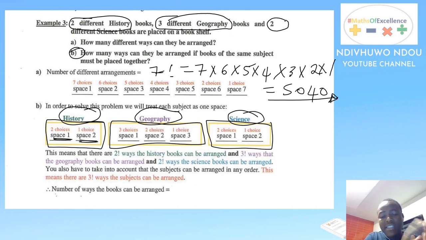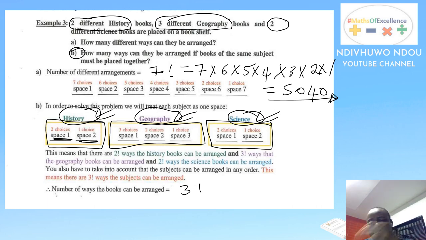So if we are counting it as one thing, how many ways can you arrange, right? So it means we have history, geography, and science. In how many ways can you arrange them if we are placing them together like that? Because we count them as one item, it's going to be 1 for history, 2 for geography, 3 for science. So these can be arranged in 3 factorial ways, right?